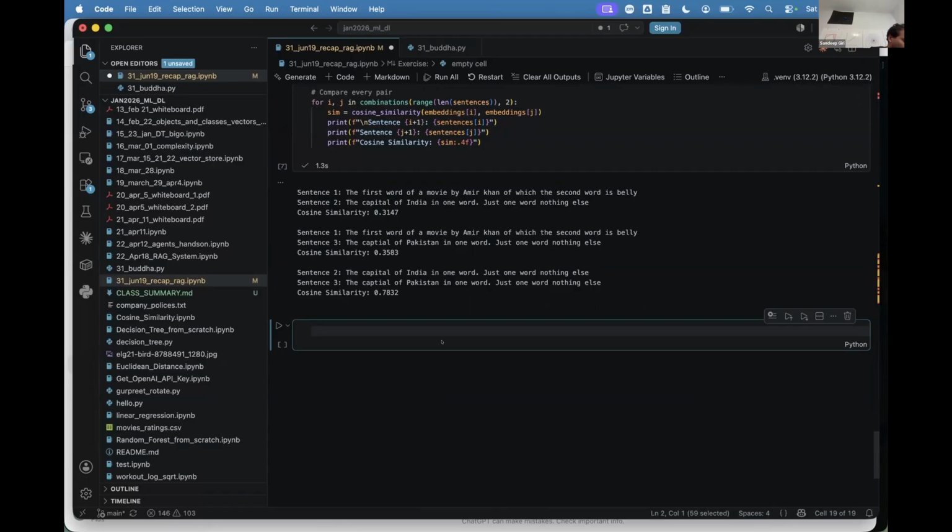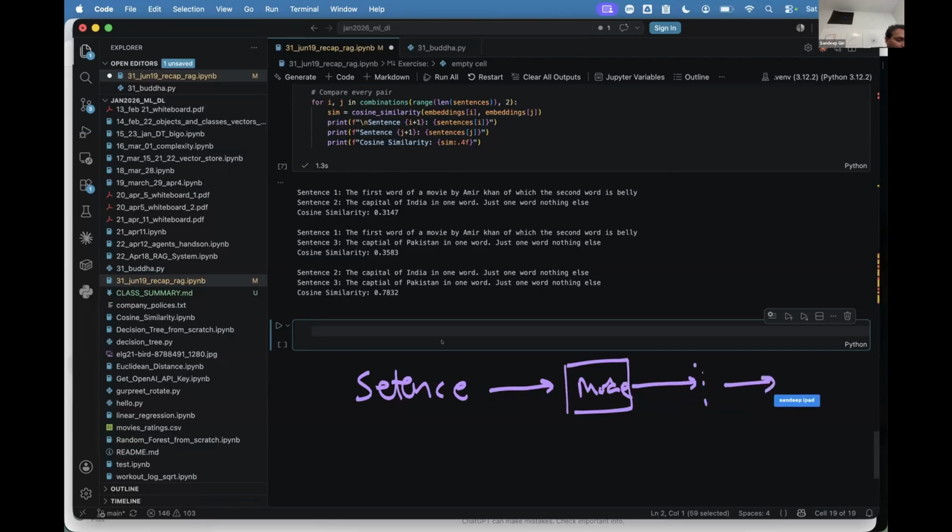What happens is that we give the sentence, it goes to a big model, then it gives some numbers. And then based on that, there is another part of the model, and then it generates the output, right?